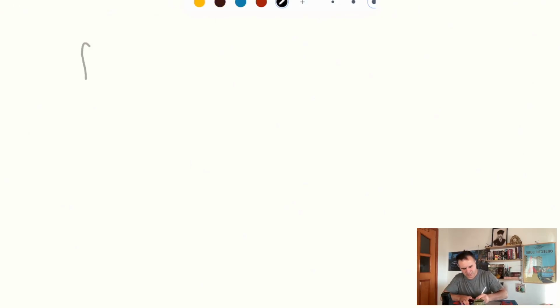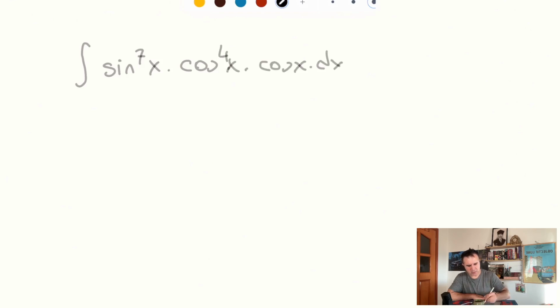We have sine to the power of 7x times cosine to the power of 5x, but I will split it into cosine to the power of 4x times cosine x dx, because in order to use the substitution method, I need cosine x dx.